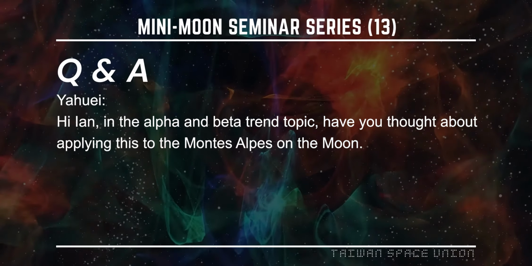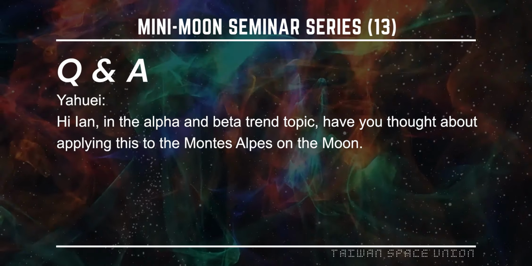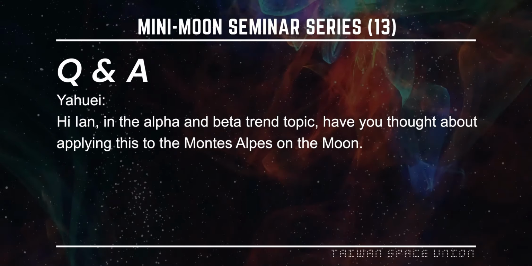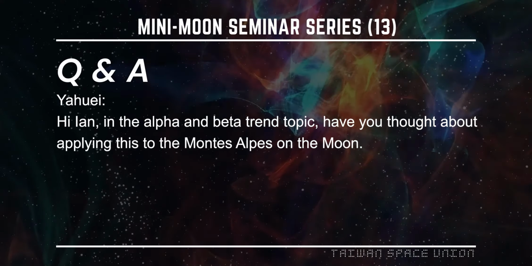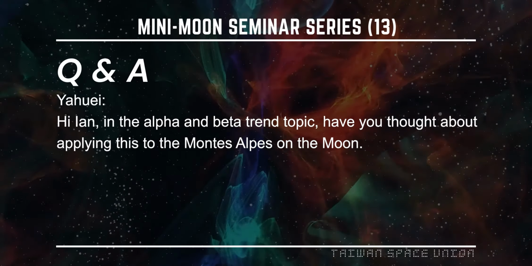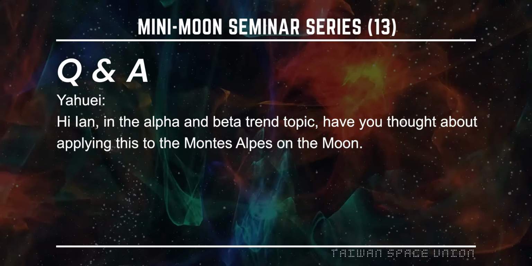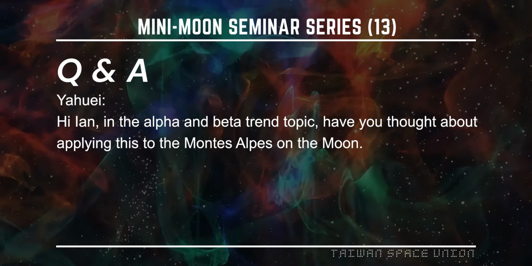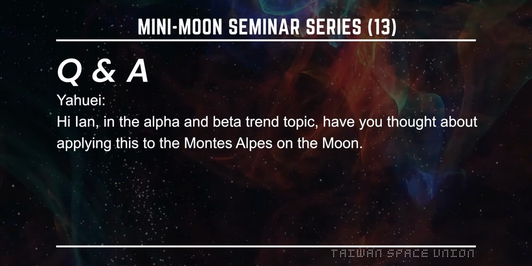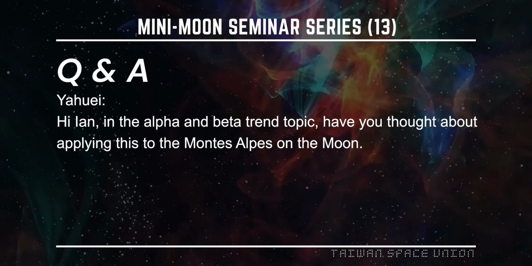So it's more complicated, as it has the compositional difference and also the higher latitude. Have you thought about using this technique on other parts of the moon, potentially compositional anomalies?